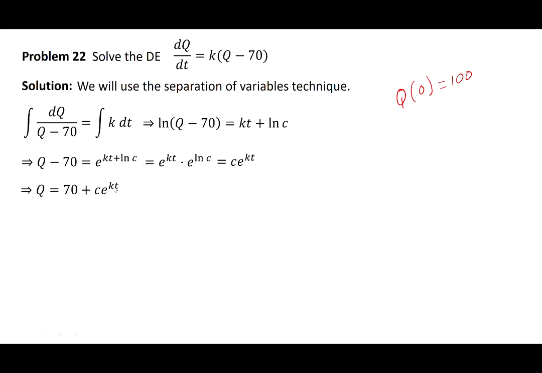C times e to the 0 is C times 1, which is C. And the Q, we should replace that with a 100. So 100 equals 70 plus C, and so C equals 30. So in the event we have the initial value Q of 0 to be 100, then this equation is Q equals 70 plus 30 e to the kt.